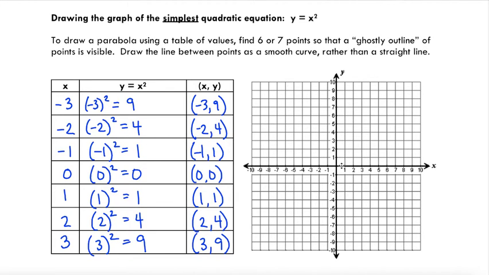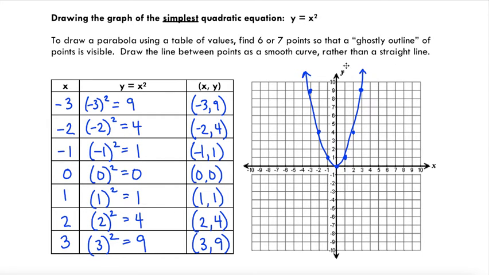So when we plot those points, -3 and 9, -2 and 4, -1 and 1, 0 and 0, 1 and 1, 2 and 4, and 3 and 9. Well, it creates that nice curve shape. And we're going to talk in some future lessons about why that works.